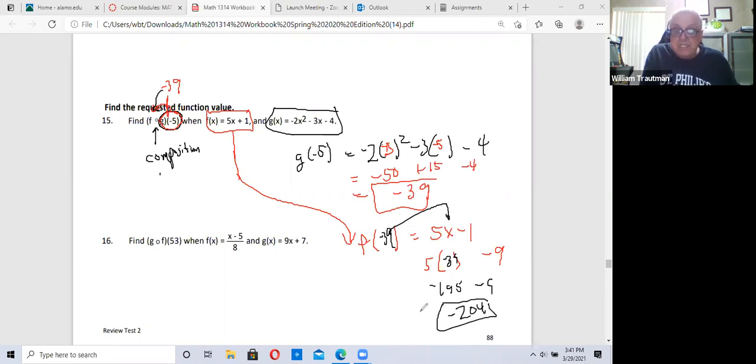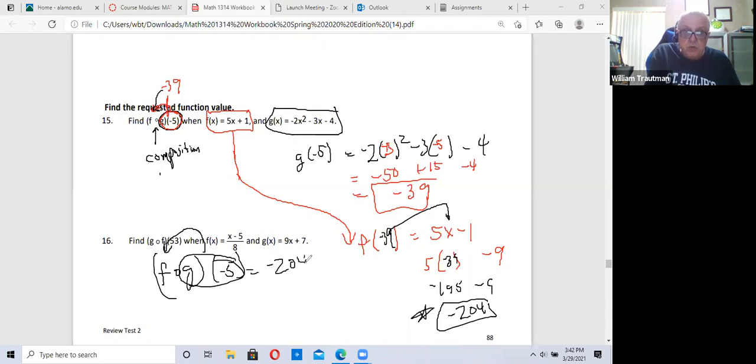So this is my final answer. When you do the composition of F and G, and we put -5 into the first function, find the answer, then put that answer into the second function, we get -204. It's called a composition. You got to know these. Test is in 2 days.